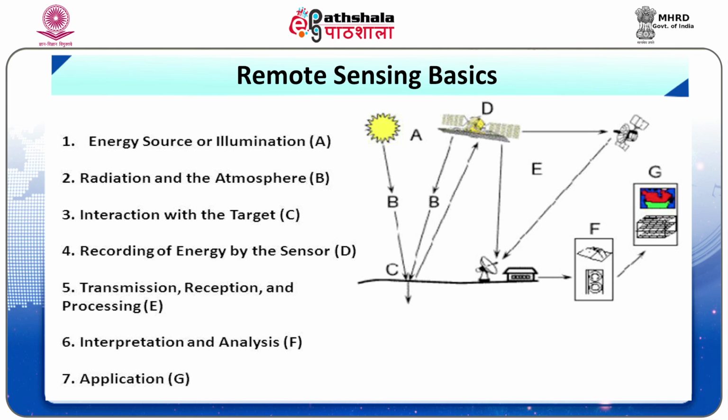They are the energy source, which is at A, propagation of energy through the atmosphere, which is at B, energy interactions with the Earth's surface features, which is C, airborne and space-borne sensors to record the reflected energy, that is D, and the generation of sensor data in the form of pictures or digital information, that is E.